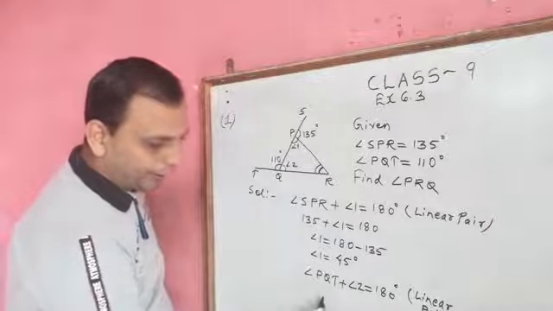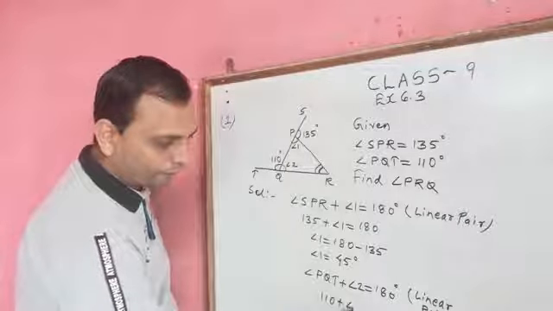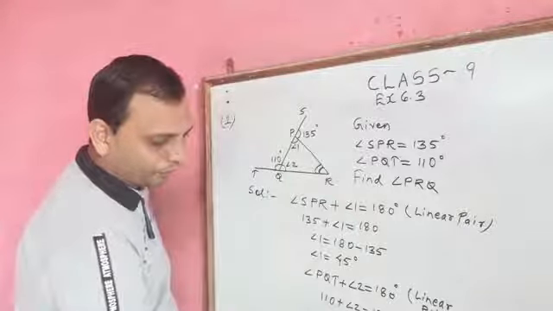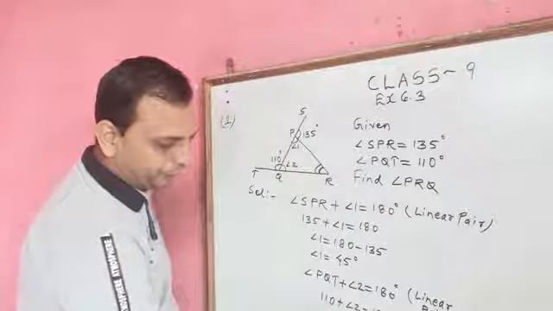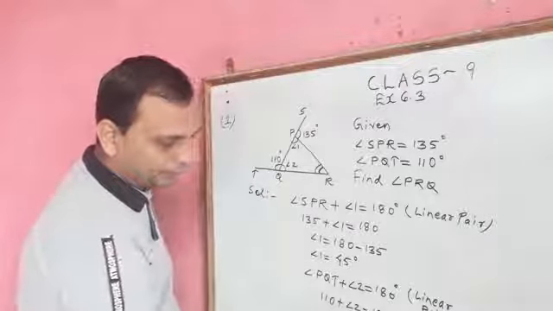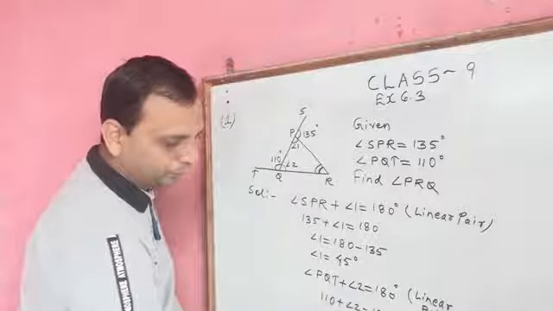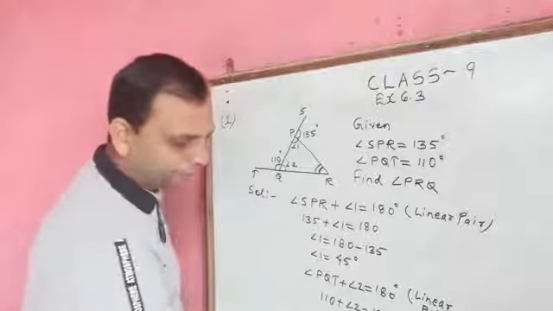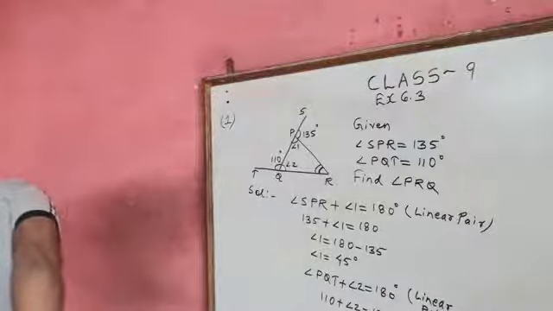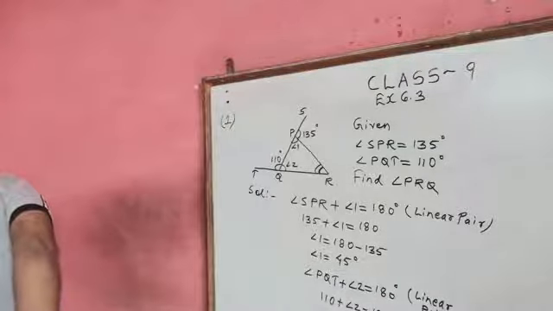PQT is given as 110, so angle 2 is equal to 180 minus 110, angle 2 is equal to 70 degrees.